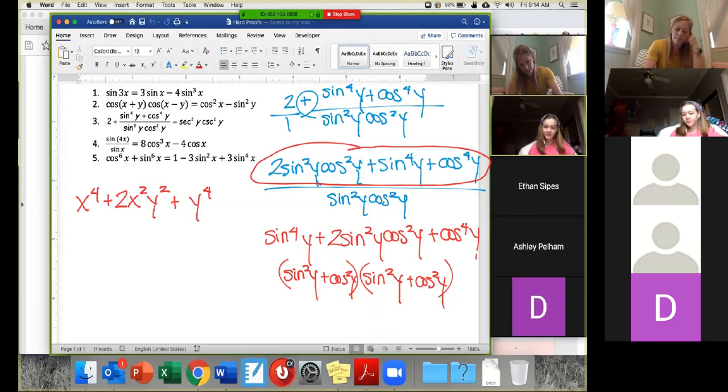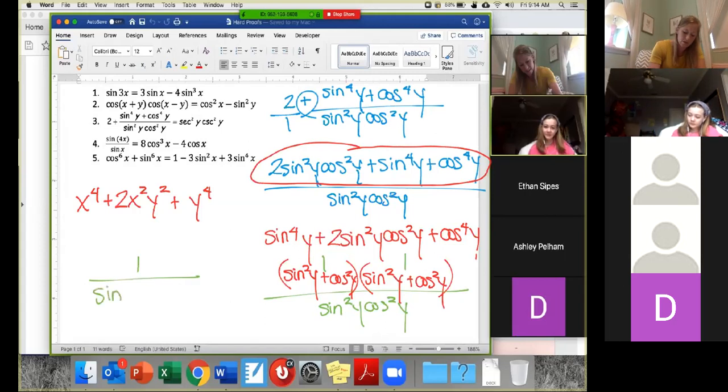So we can take that top and factor it into that. We keep the bottom the same. What do both of those turn into? 1. 1. And 1 times 1 is just 1.